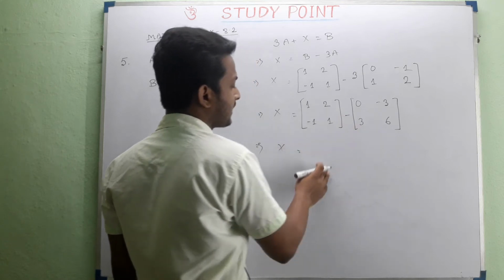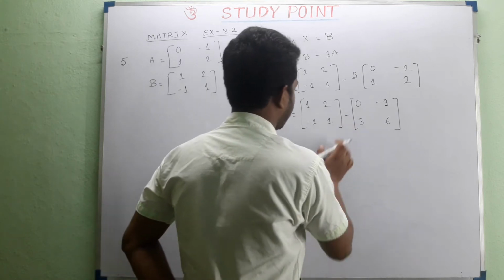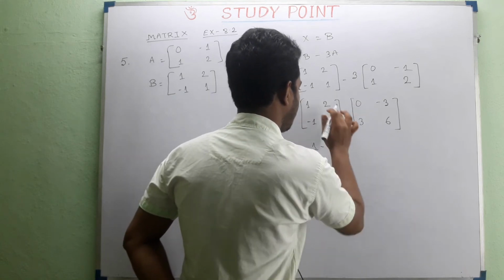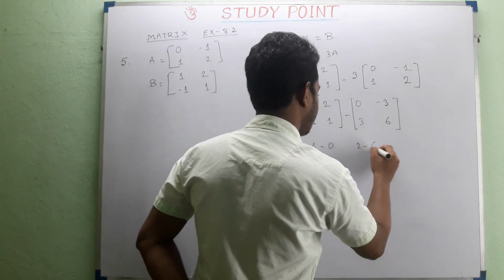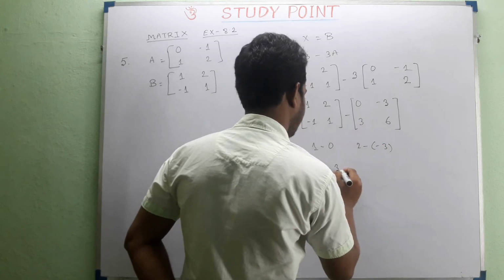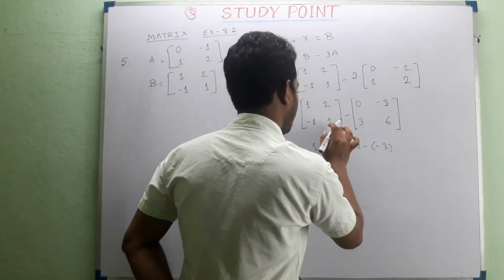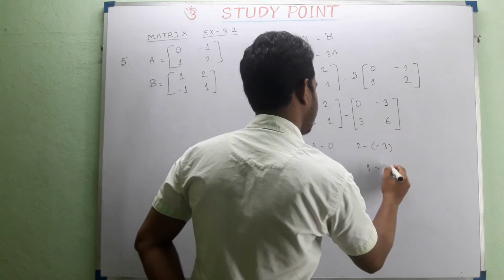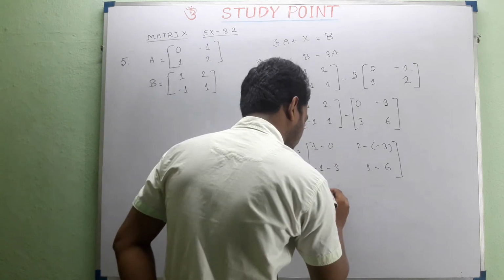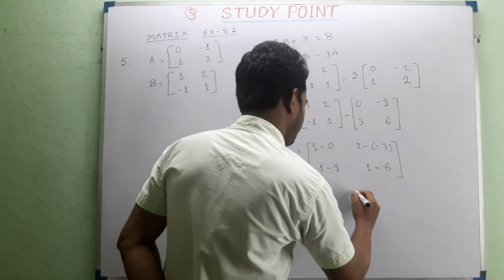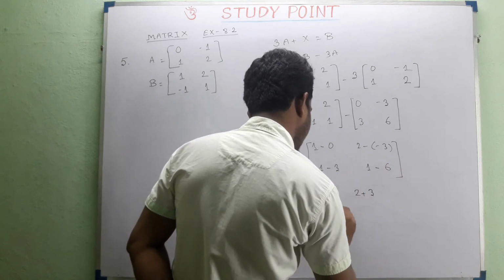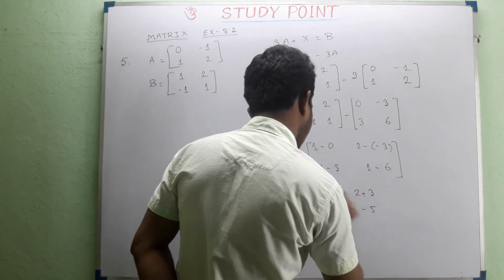So as here it is the subtraction sign, we have to subtract this term from this term. See, 1 minus 0, 2 minus of minus 3, minus 1 minus of 3, 1 minus 6. 1 minus 0 it will be 1. 2 minus minus 3 it will be plus 3, minus 1 minus 3 it will be minus 4, 1 minus 6 it will be minus 5.